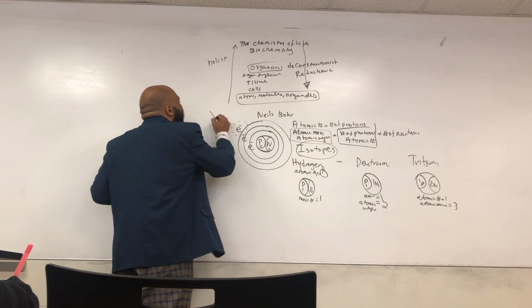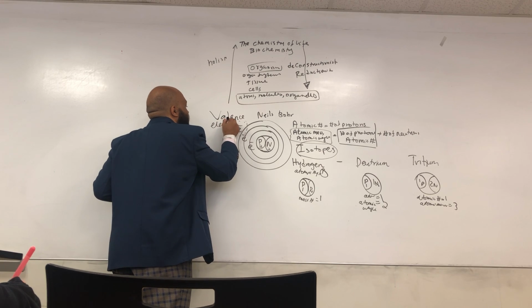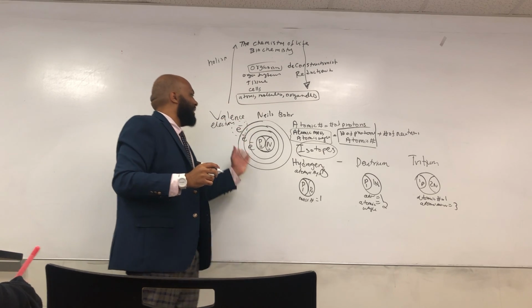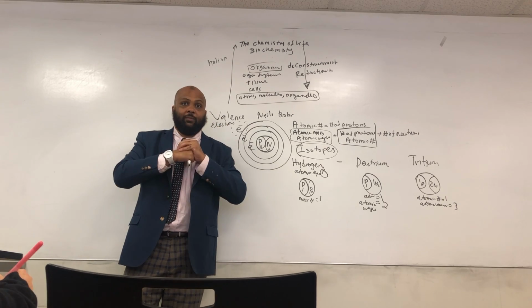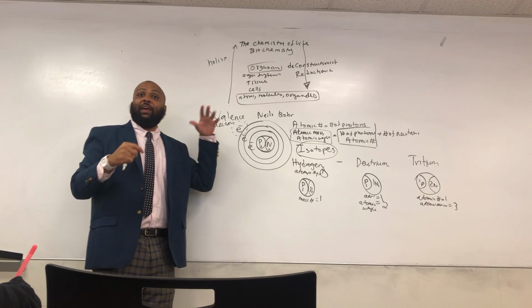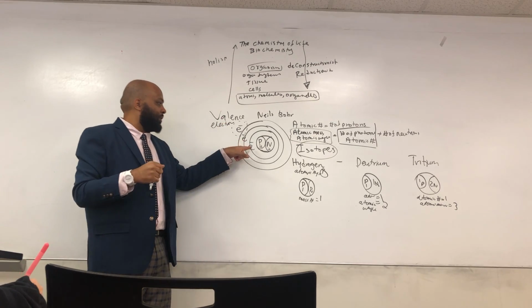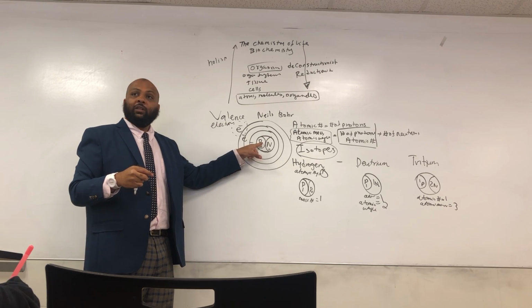These are known as the valence electrons. The valence electrons are spinning outside, and these are the electrons that we use to make a bond. So we bond with the valence electrons. We don't bond with the electrons that are close. They are too close to the nucleus.